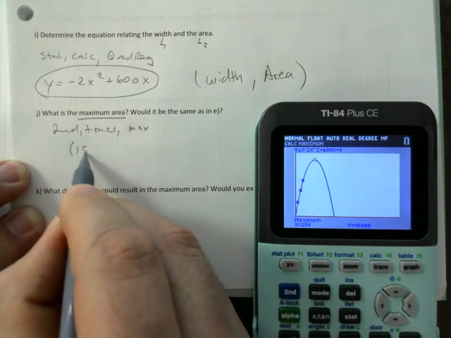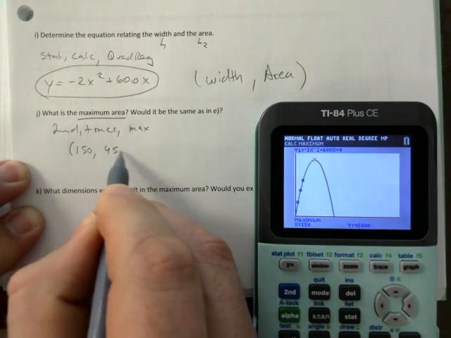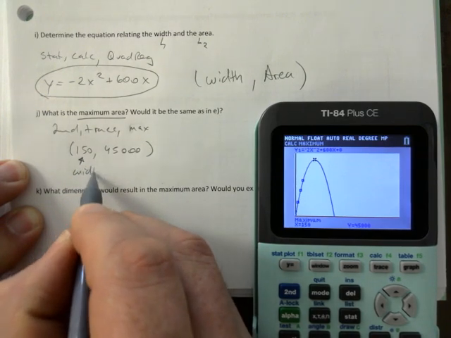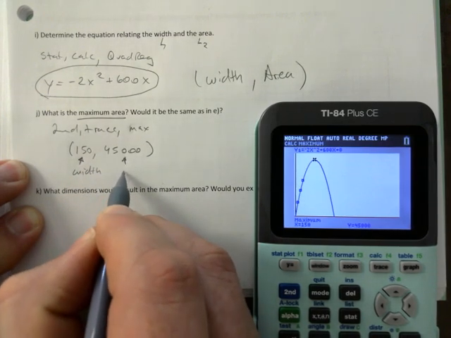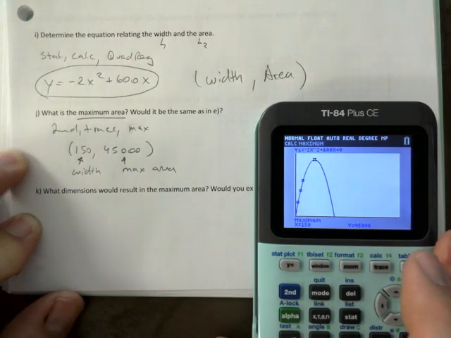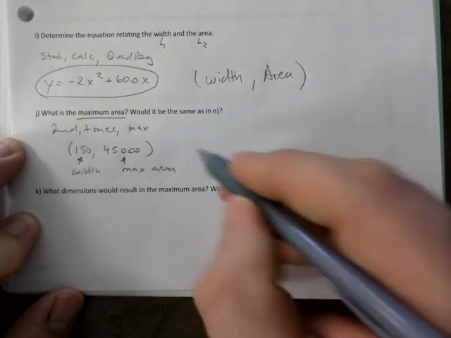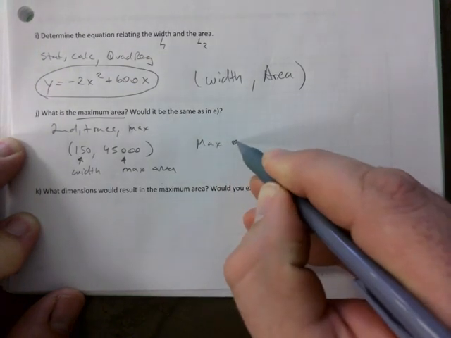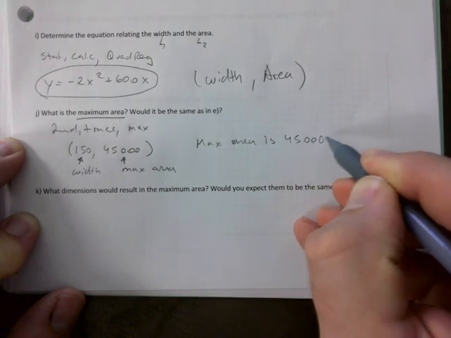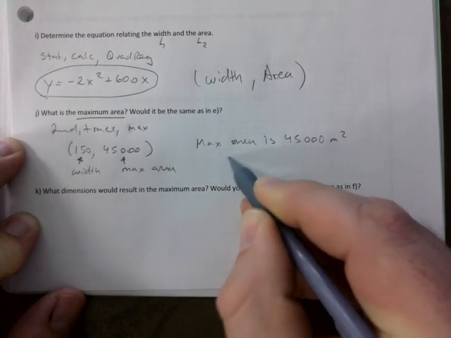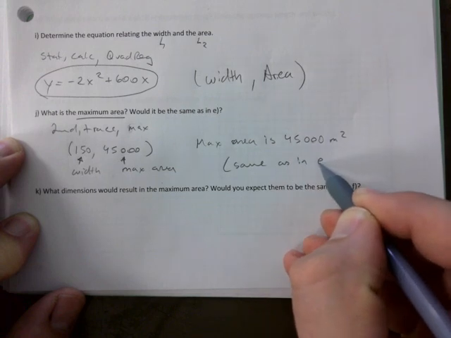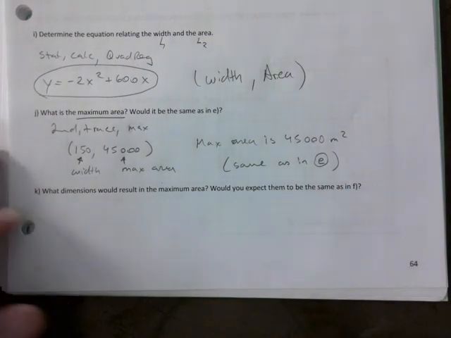So that gives me 150, 45,000. This is the width, and that's the max area. Still 45,000. Max area is 45,000 square meters. Same as in question E, right?